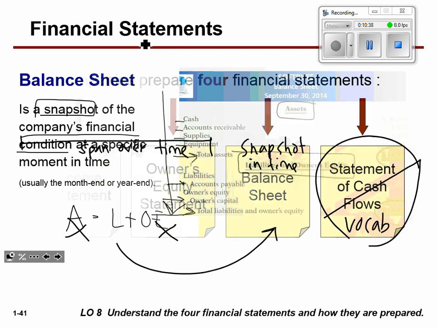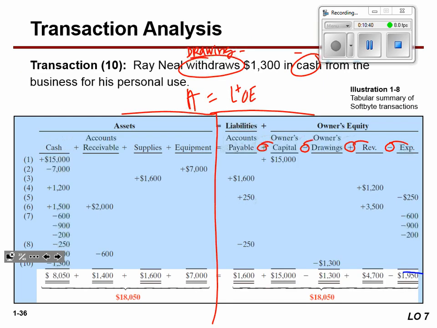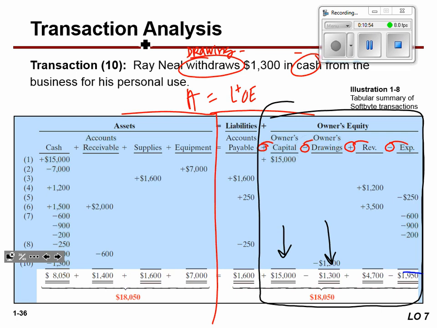I'm going to go back to that page from your notes, and I'm going to ring just the owner's equity section, specifically the 4 totals. Did we have 2 things that made that owner's capital go up? And did we have 2 things that made it go down? We had a plus 15,000, we had a minus 1,300, we had a plus 4,700, and we had a minus 1,950.